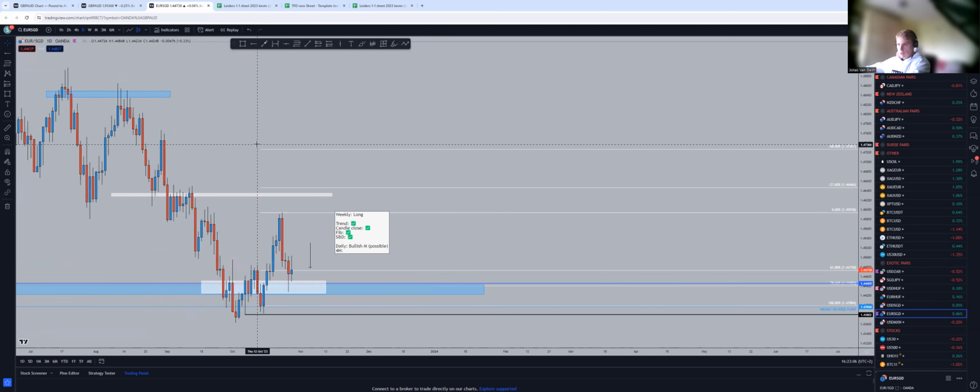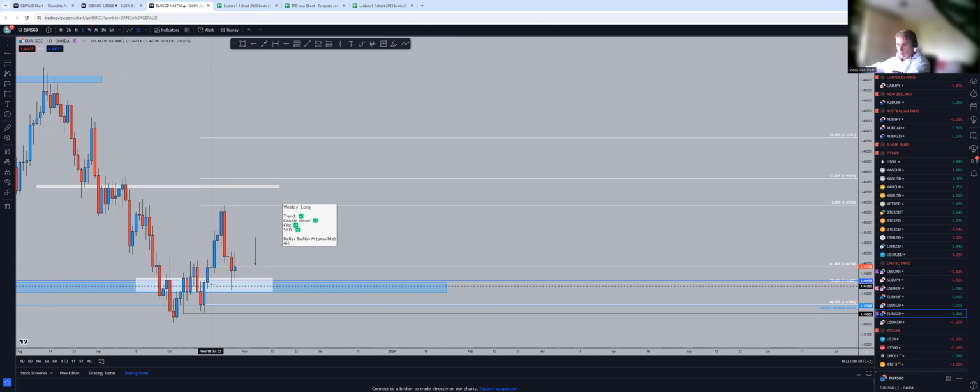EUR/CGD. This was a better trade to take because you had here your bullish M. IC got tapped here, and here also IC, a smaller bullish M. We didn't break below.